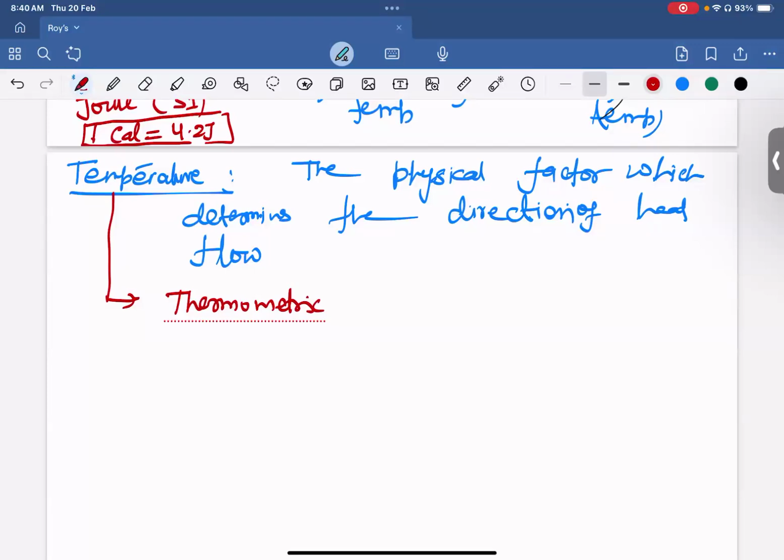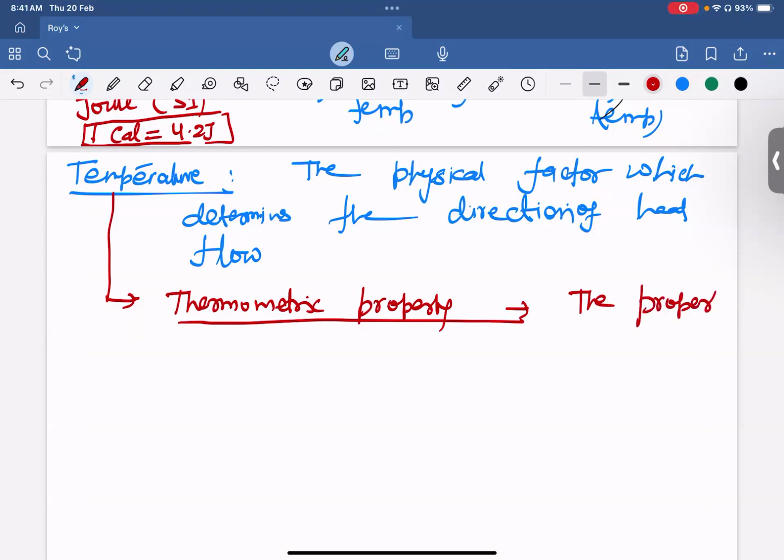Okay, sorry. So first we think about the thermometric property. What do we mean by thermometric property? It is that property which depends upon temperature.